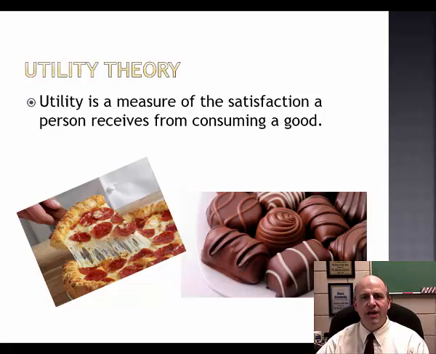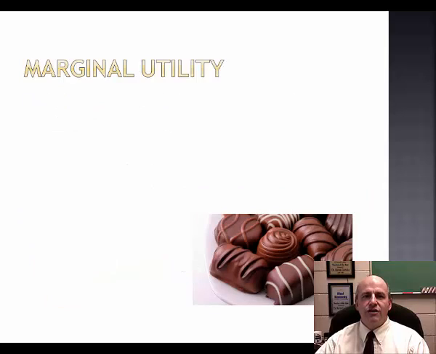It's an arbitrary number, and what's most important is the size of that number relative to the other things that we consume. So let's say we enjoy eating chocolate, and we really enjoy that first piece of chocolate. It gives us a great deal of satisfaction. So let's say we get 50 units of satisfaction from the first piece of chocolate.